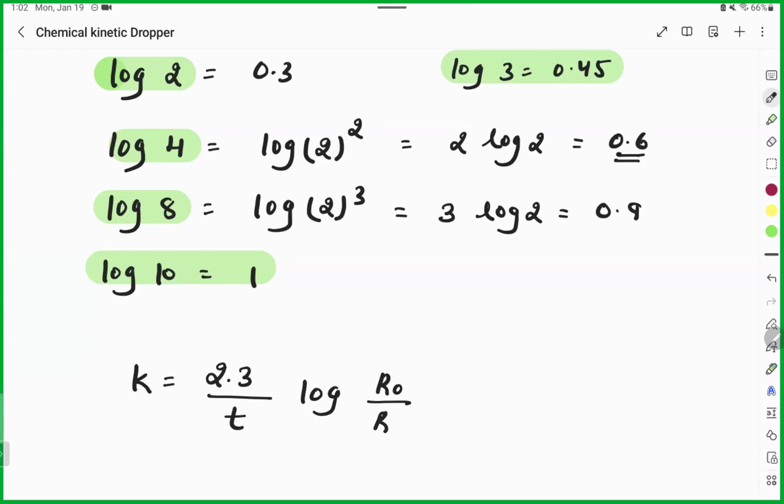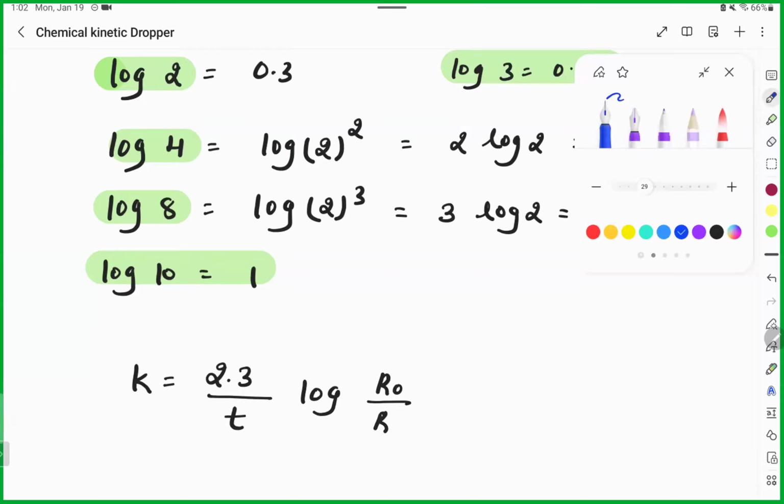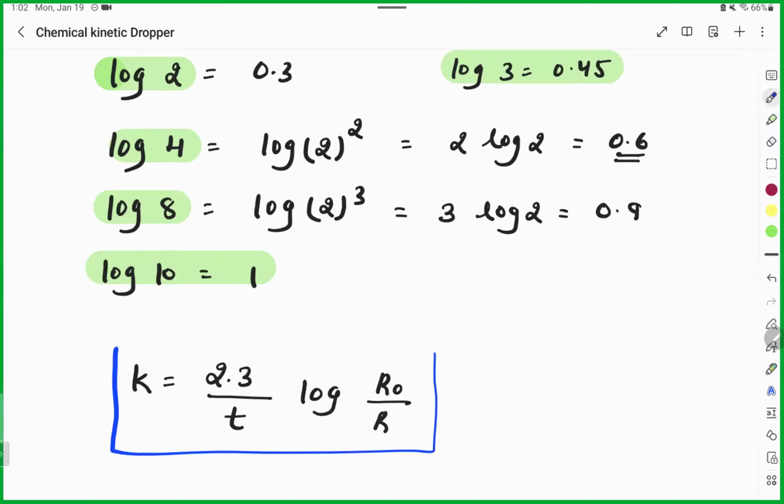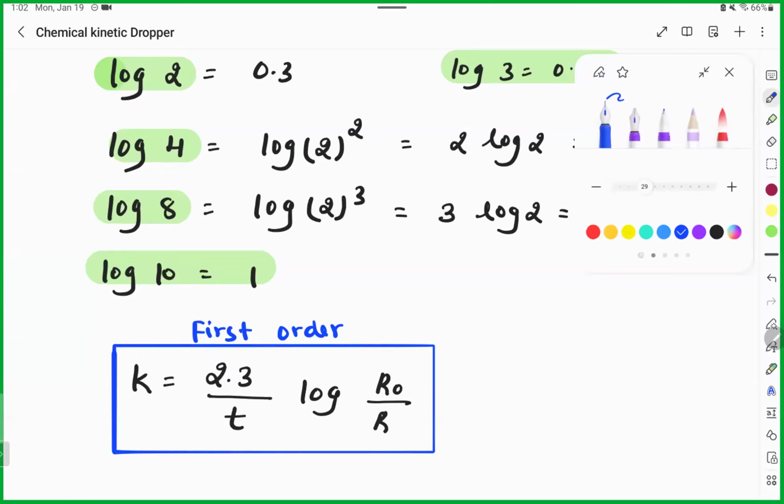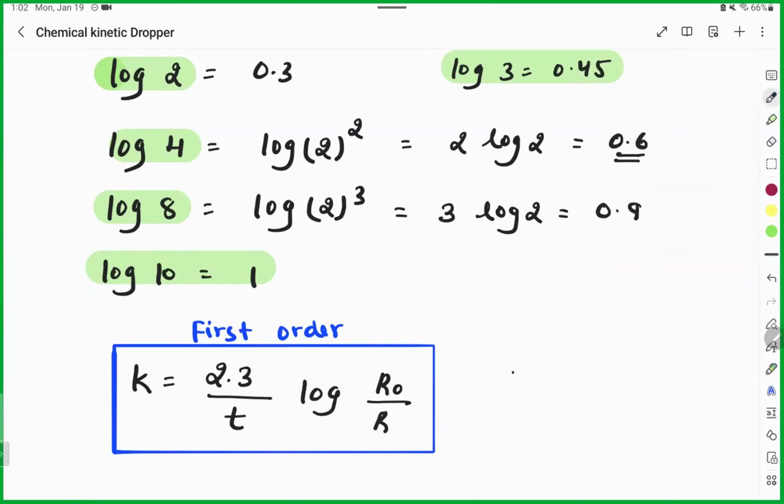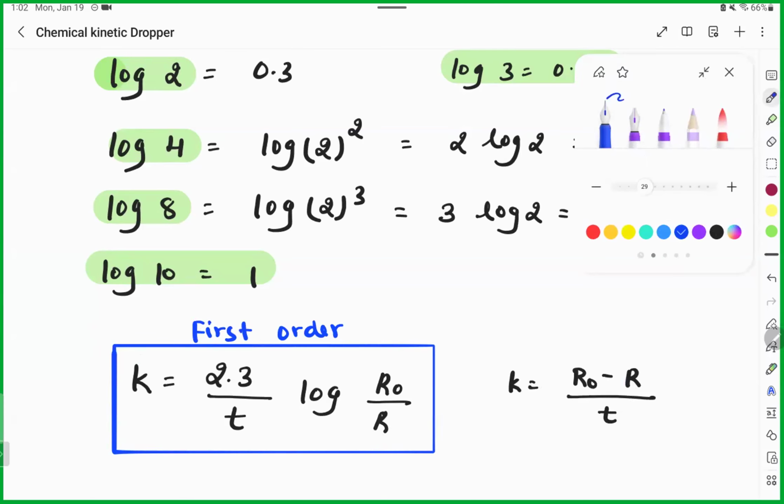So here you need log always, and you will calculate by this method only for first order. So Hina, what will be the zero order K value? Here, sir, you don't need it.